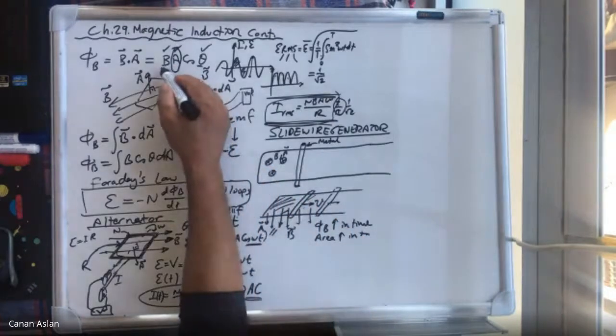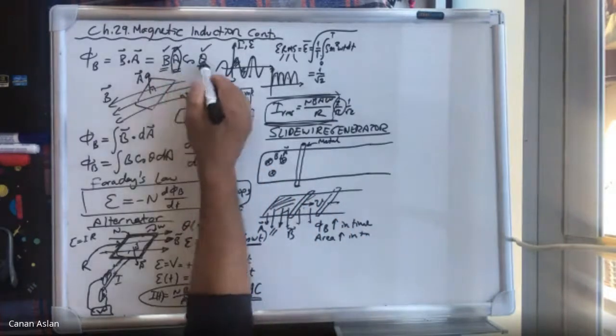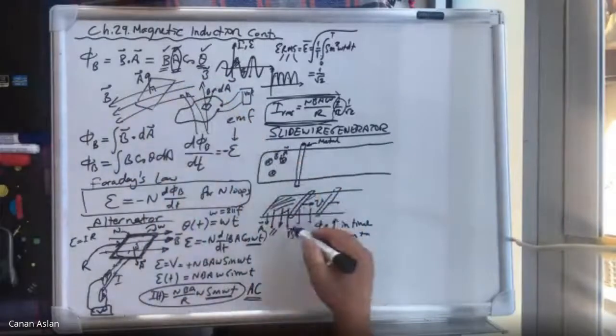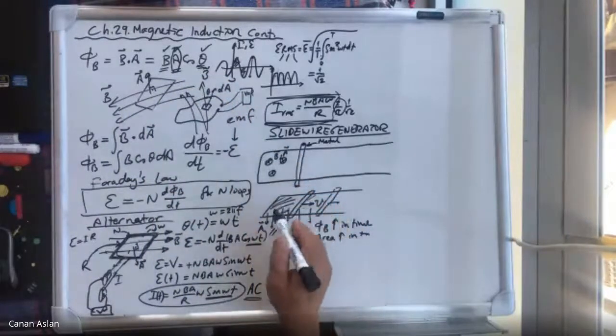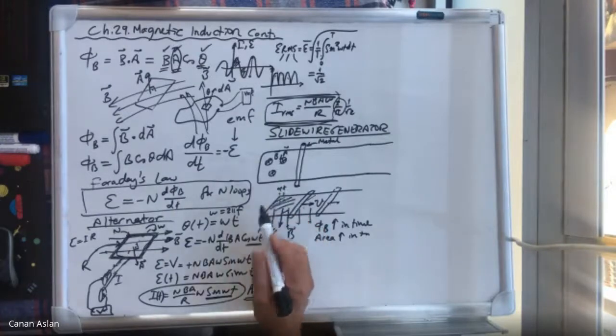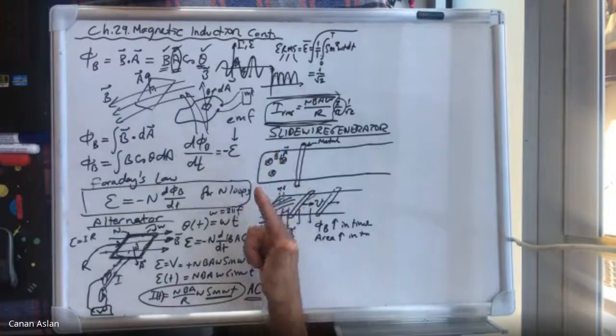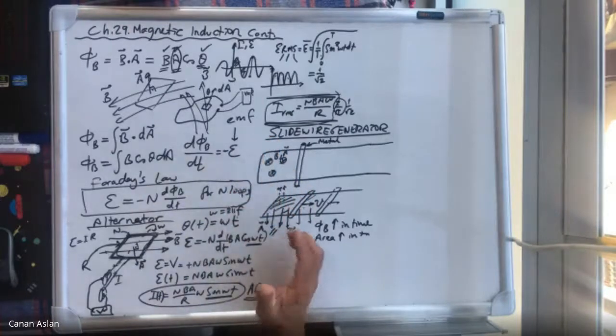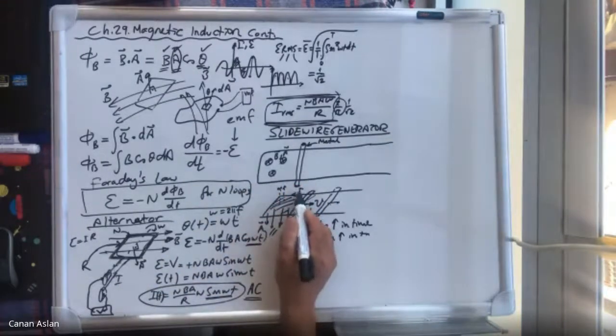So when either the magnetic field or the area or the angle increases, then the induced magnetic field will always be opposite to the original magnetic field direction. In order to have this magnetic field, which is in the upper direction, you need a circulating current which is in the counterclockwise direction. So the current should flow like this.